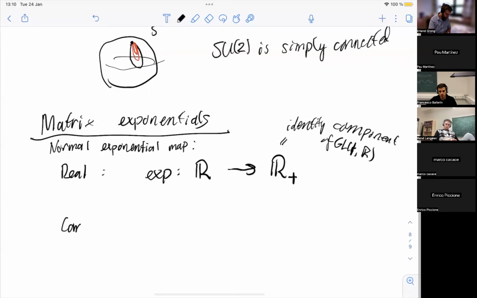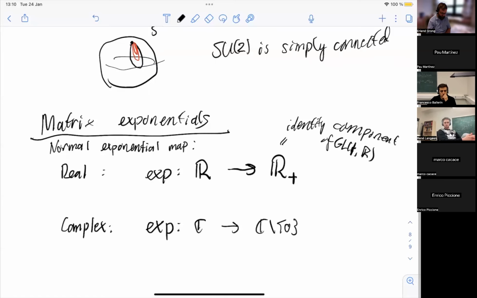For the complex numbers, however, the exponential map goes from C into C minus 0, and this covers all non-zero complex numbers.